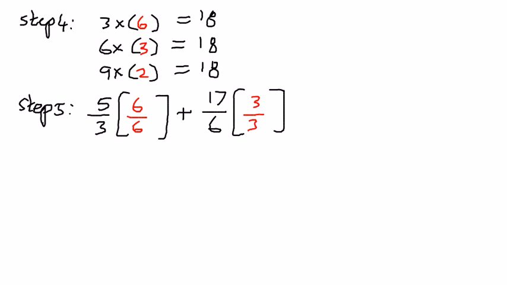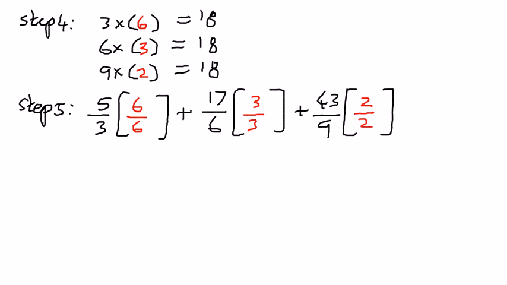And the third fraction is 43 divided by 9, and we're going to multiply and divide by 2 here. 9 times 2 is equal to 18.